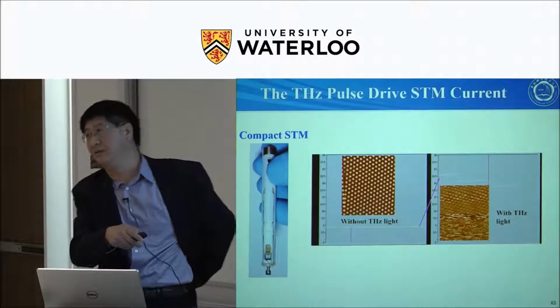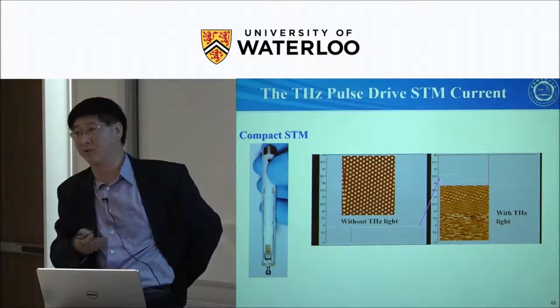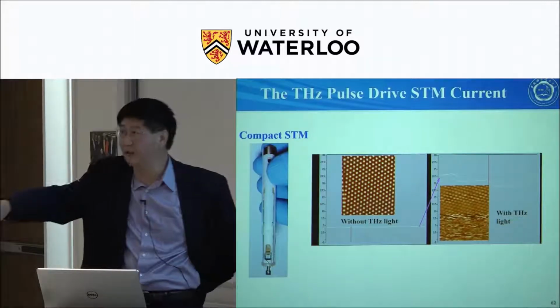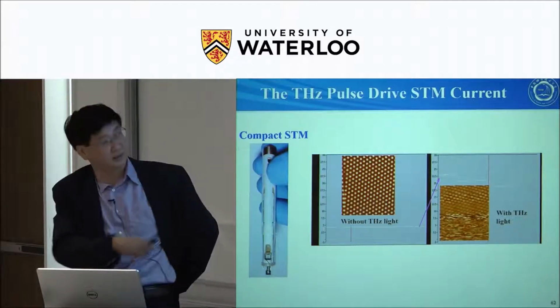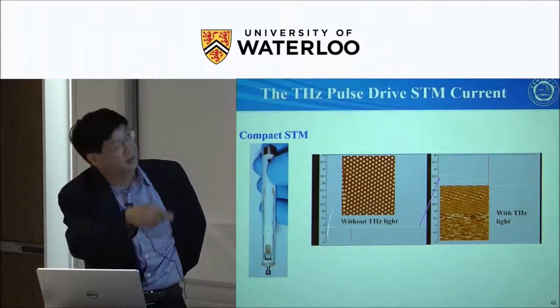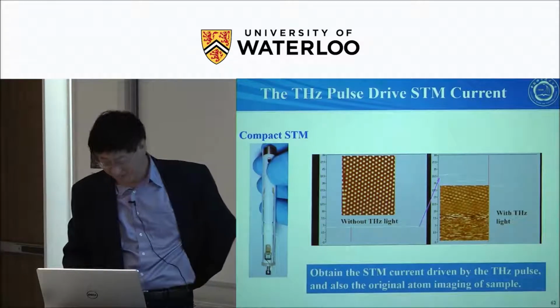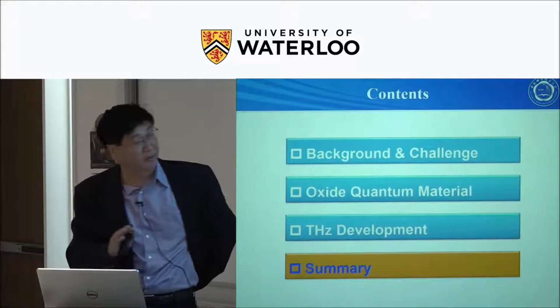But it's good enough for our property characterization, because we don't have much interest at the atomic level. We need the high spatial resolution for properties, so this is still good enough.